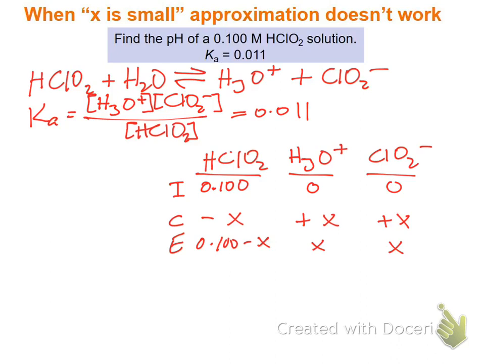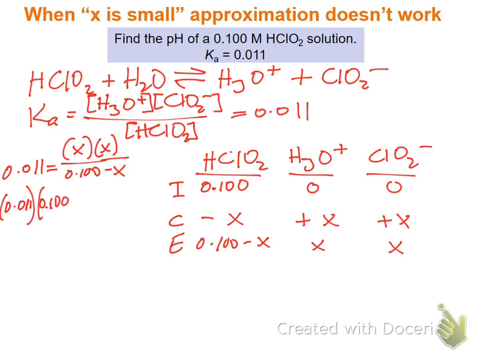So again, because Ka is greater than 1 times 10 to the negative 3, we don't drop the x, right? We don't use the approximation method. So our Ka is 0.011, and that's equivalent to x times x divided by 0.100 minus x. And so we move the denominator to the left-hand side by multiplication, so we have 0.011 times (0.100 minus x) equals x squared.